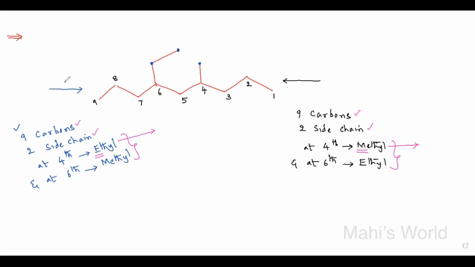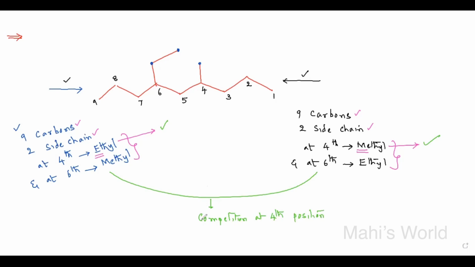When you take things from this end, 4th had ethyl, and from this end, 4th had methyl. So there is a competition between ethyl and methyl. In such a case, follow alphabetical order of priority. 4th ethyl, 4th methyl. This is where you got competition at 4th position.